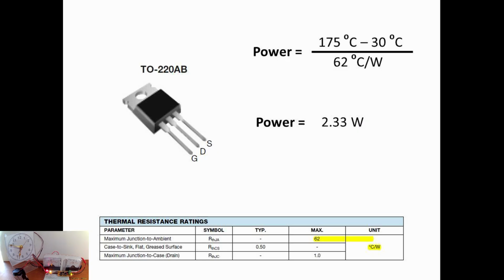For instance, the TO220 package, with a maximum allowed junction to ambient thermal resistance of 62 degrees Celsius per watt, and maximum operating junction temperature of 175 degrees Celsius, at an ambient temperature of 30 degrees Celsius, is 2.3 watts.